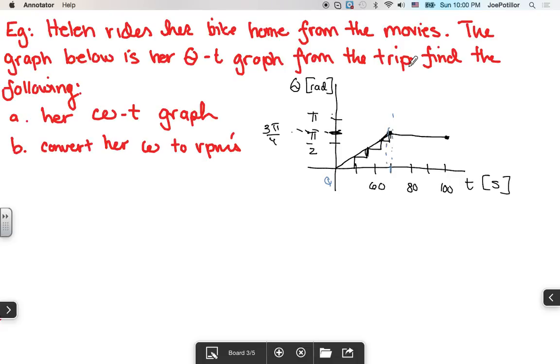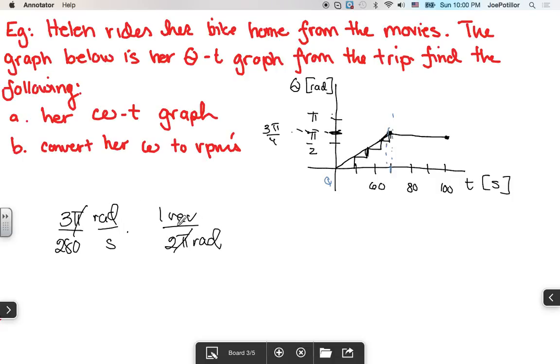For part B, to convert her radians per second into RPMs, we have 3 pi over 280 radians per second. We, of course, multiply that by the fact that we know that there's 1 revolution for every 2 pi radians.